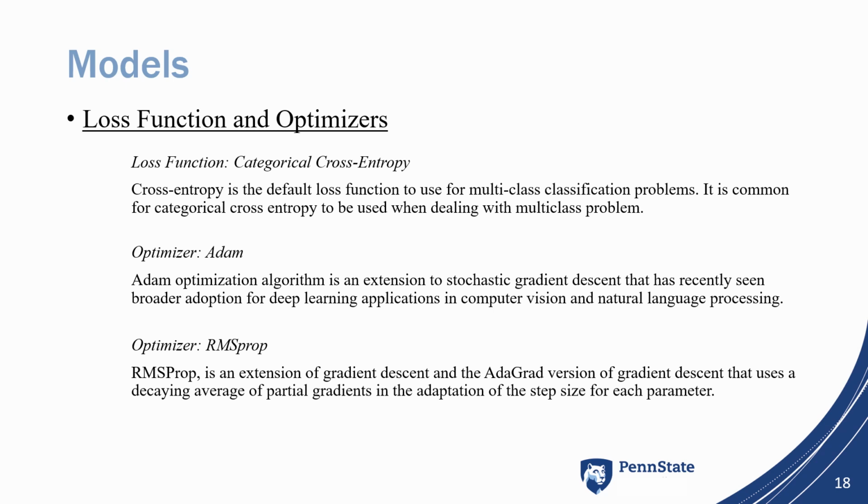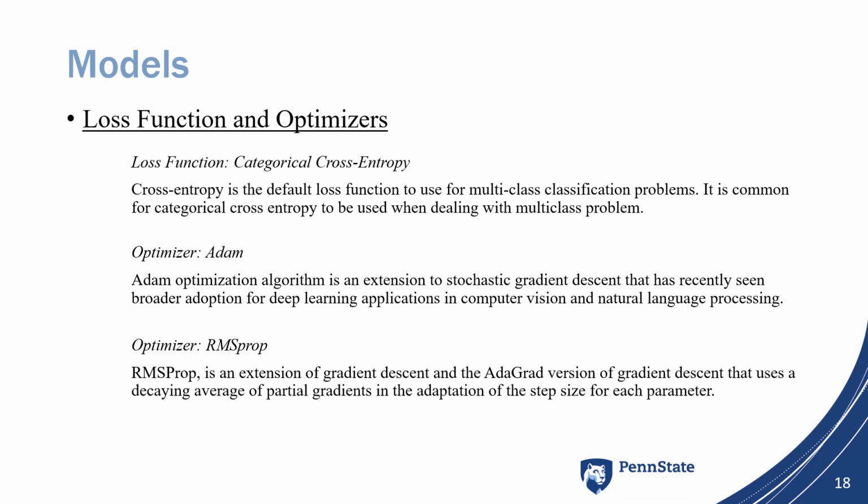Many believe that Adam is the best optimizer because Adam takes benefits from two optimizers, RMS-prop and AdaGrad. Because Adam is considered the best, we use this optimizer for our models.